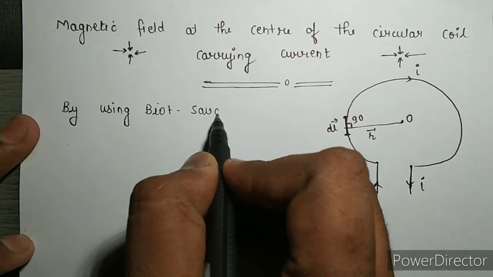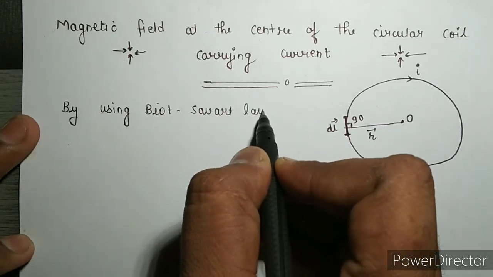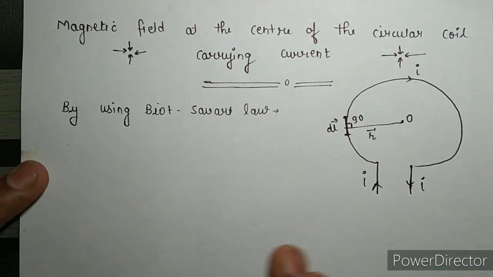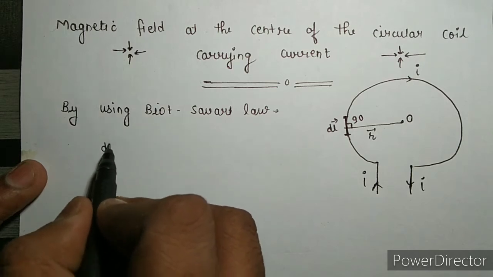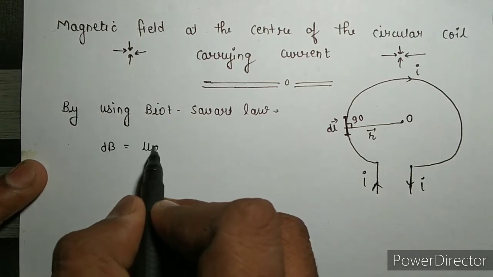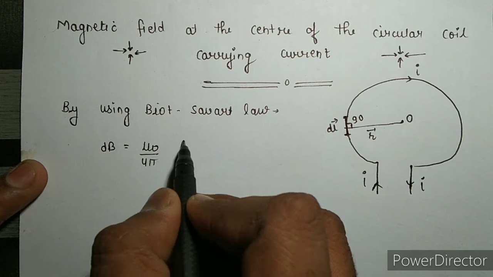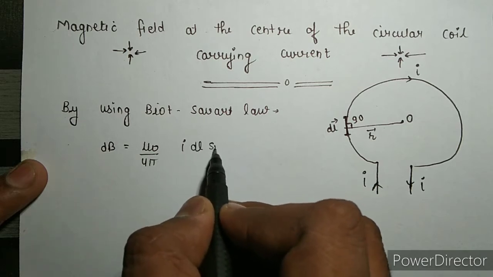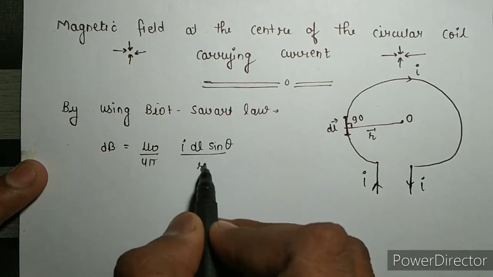Biot-Savart law, dB is equal to mu naught upon 4 pi I dl sin theta upon r square.